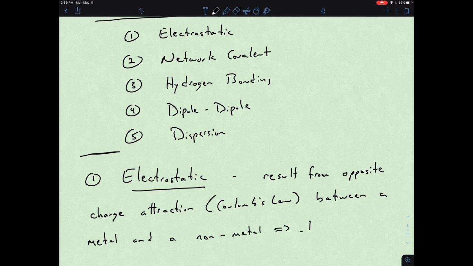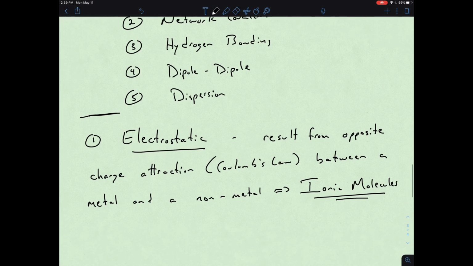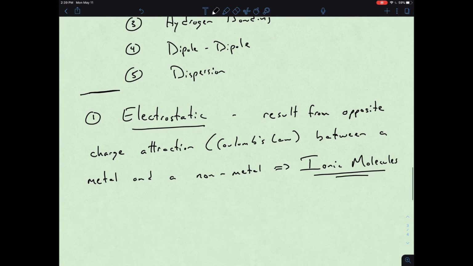Really what we're talking about are ionic molecules. Ionic molecules have electrostatic forces. This is one of the strongest forces.